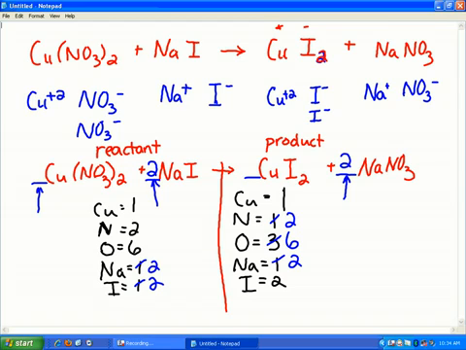And the coefficient in front of copper 2 iodide would be 1 because there's not a number here. And what's the coefficient in front of sodium nitrate? The answer is 2 because of this 2 coefficient. And that balances that equation from your lab.